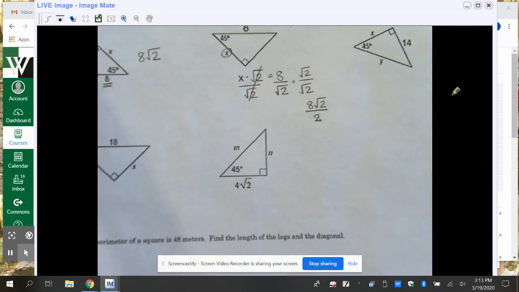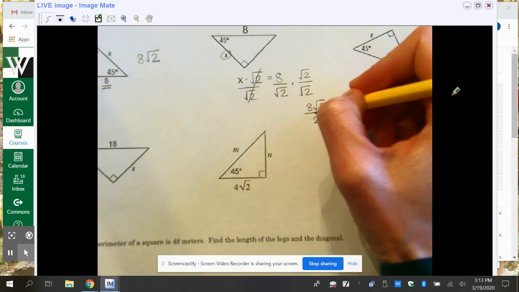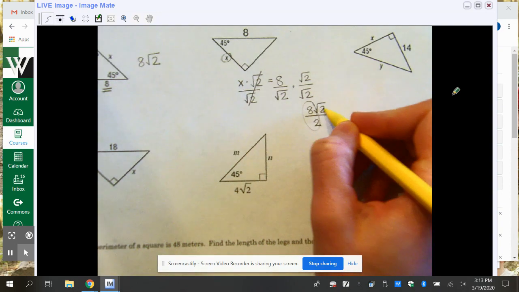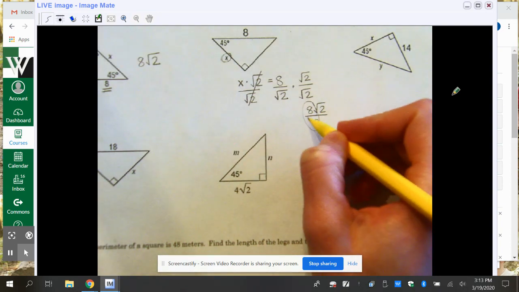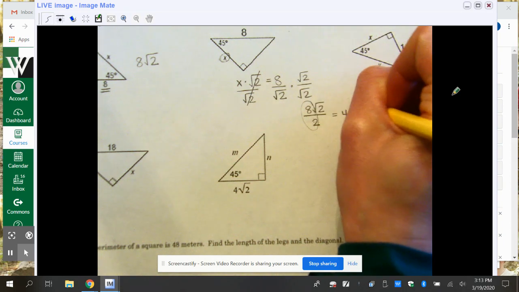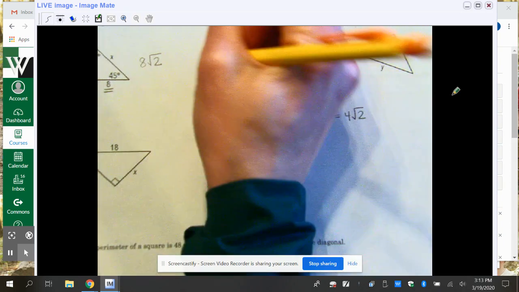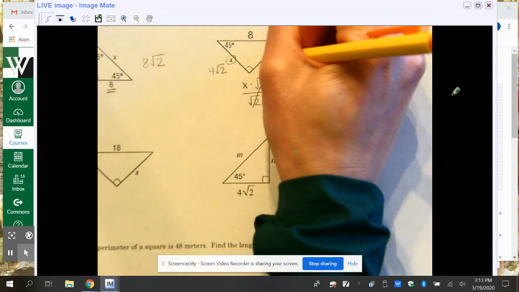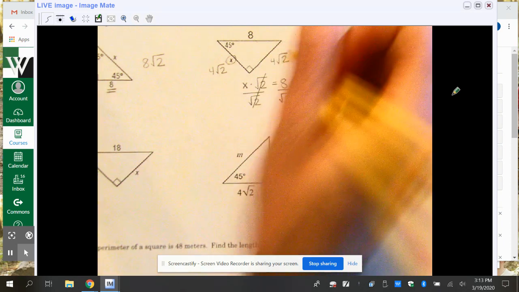And then I got the 4 because we will simplify the 2 common parts. You won't simplify the part that's under the radical, only the parts that are outside. So that means this is going to be 4 radical 2, and that would be the length of the 2 legs.